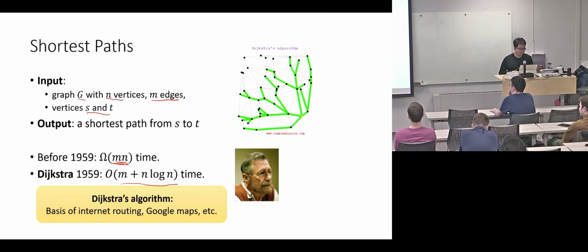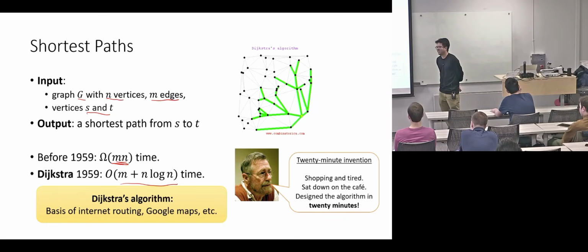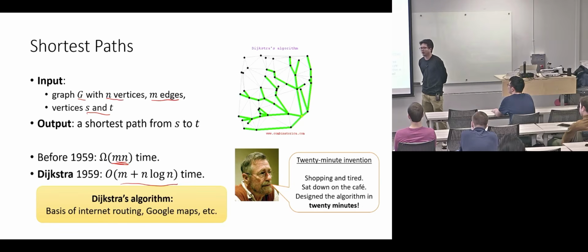And there is an interesting history about this. He actually invented this algorithm in just 20 minutes. He just went shopping with his girlfriend, and he was tired and just wanted to sit down in some cafe without any pens and pencils. He said to himself he wanted to solve this problem, and he designed this algorithm very quickly without pen and paper.